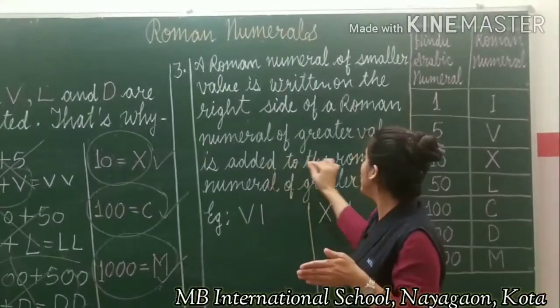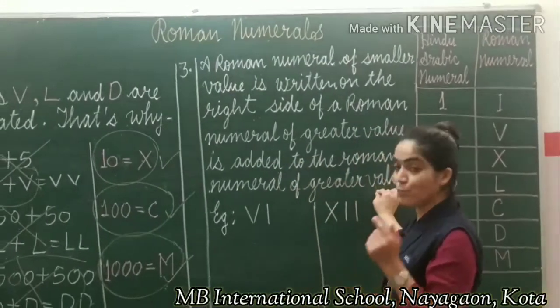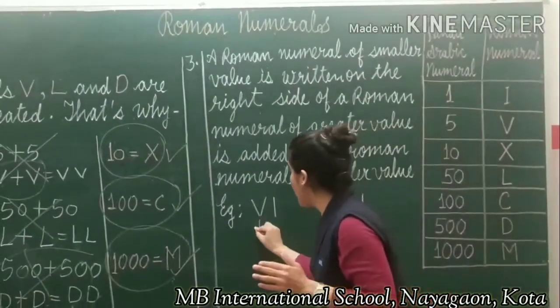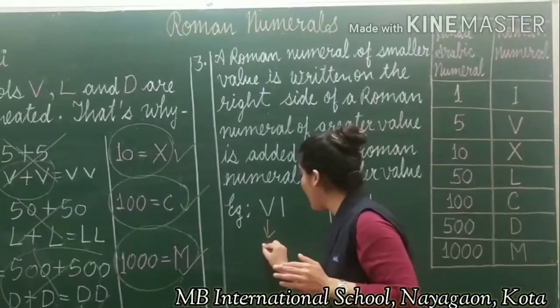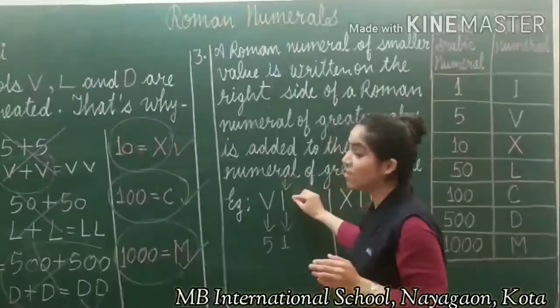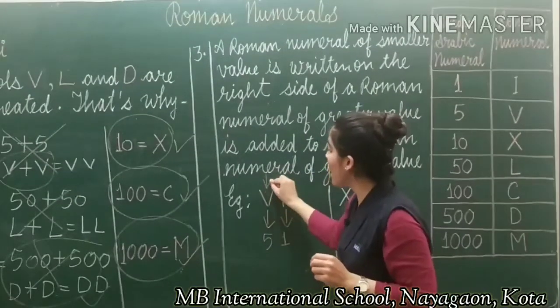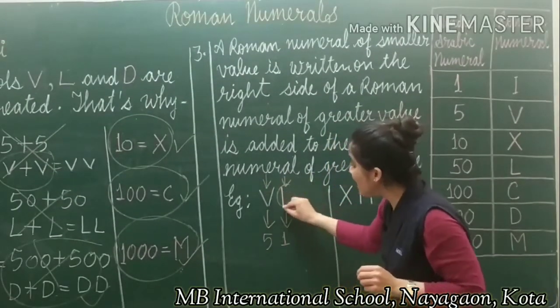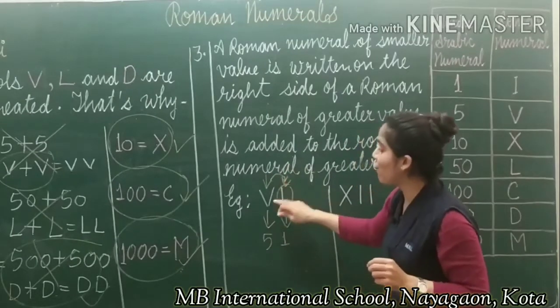We will add it to that Roman numeral of greater value. As an example, here this value indicates 5 and this value indicates 1. So you can say the 1 has smaller value and 5 has greater value, and 1 is written at the right side of 5.